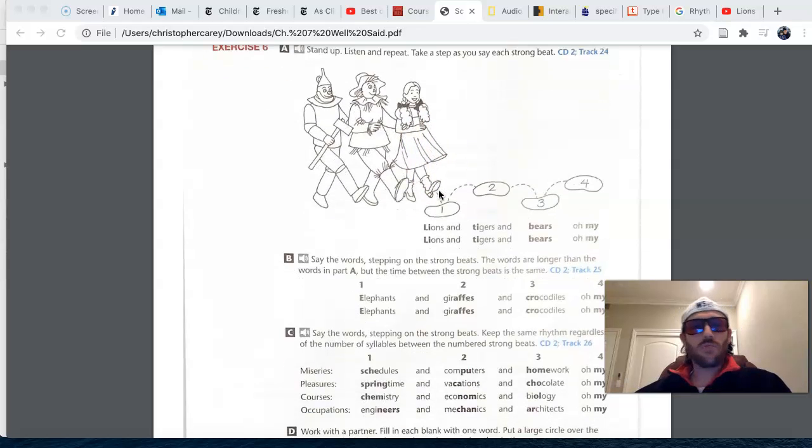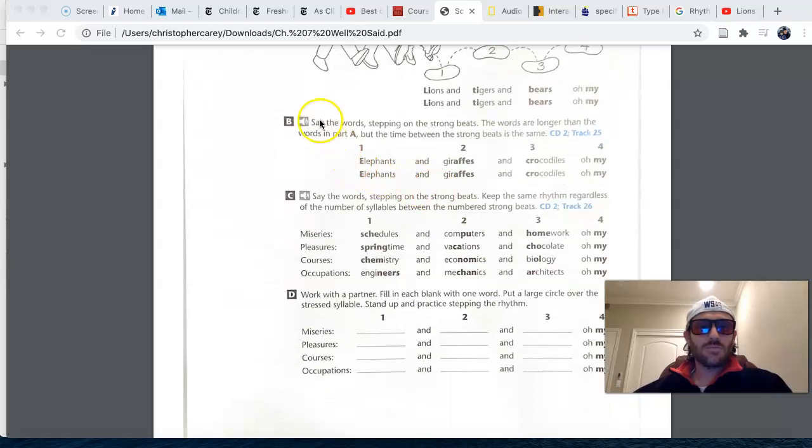And I include that video there. You can watch it for this exercise so you can see the film clip and what that's referring to. But what we're going to do for exercise 6 is we're going to practice to demonstrate that even though you might replace these with different animals, with different topics that have multiple syllables, it's still the same rhythm that we follow because you have content word, non-content word, content word, non-content word, content word, non-content word, content word.